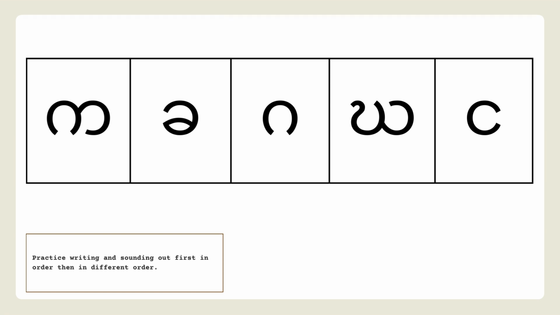First, do it in order of ga, ka, la, ha, nga, and then switch the order around. This will help you to remember the characters, how they look, and the sound. It will ingrain it in your head. So if you see it somewhere else, even if it's not in order, you will be able to recognize it. So this is very important.